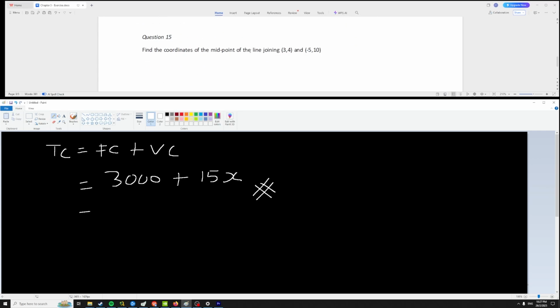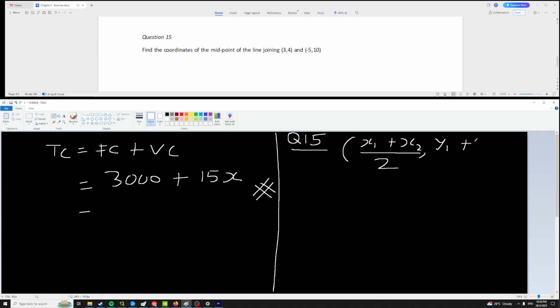Moving on to the last question, I believe, question 15. This one is finding the midpoint, so I just apply the formula: x1 plus x2 divided by 2, then y1 plus y2 divided by 2. Coordinates are usually represented as x, y.